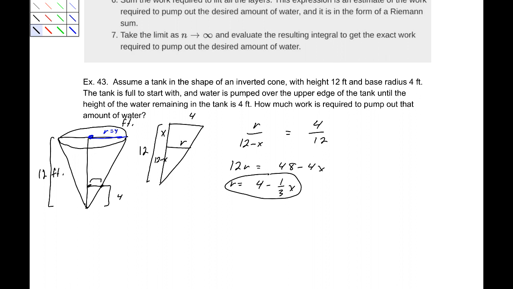The volume of that representative slice is pi r squared h. So pi, our r is (4 minus 1/3 x) squared, and our height is dx, or delta x.